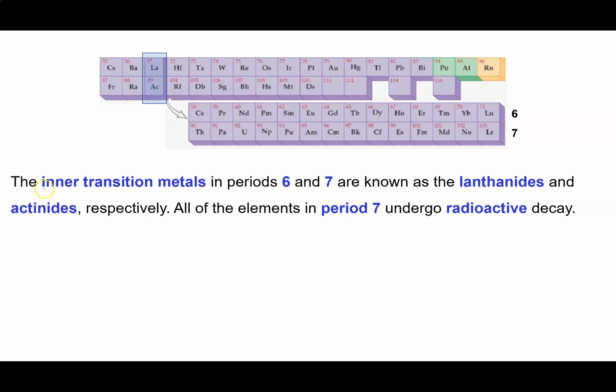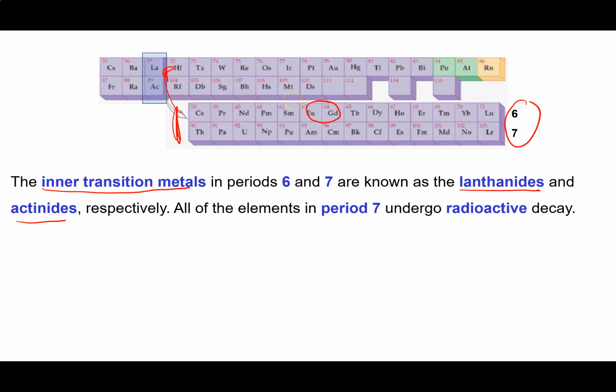Okay. The inner transition metals are these ones that are in period 6 and 7 that appear in the 2 rows underneath the periodic table. They're often referred to as the lanthanides and the actinides. And so they're meant to go up in here, right? And there's a few in here that you may or may not have heard of.